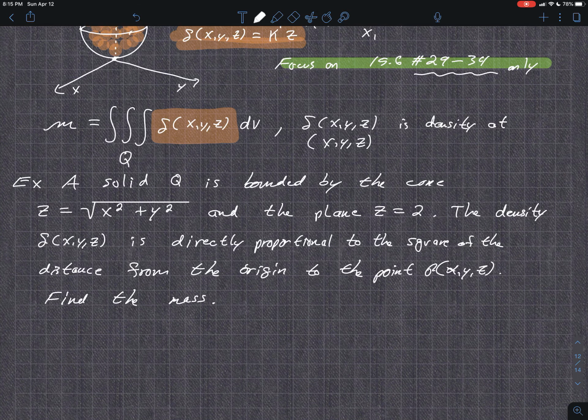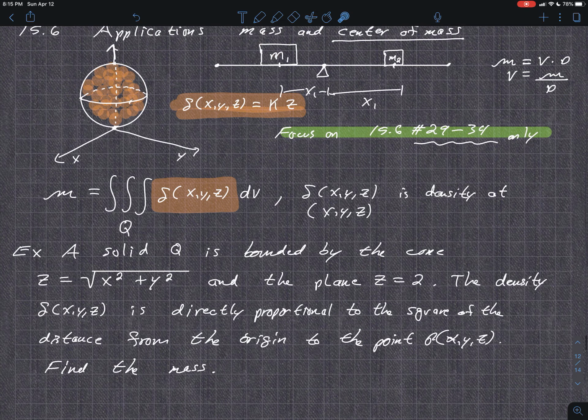So this is the basic setup. Mass is equal to the triple integral, so that's volume, times the density function. Recall that mass is volume times density.